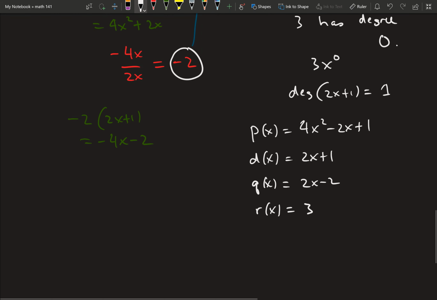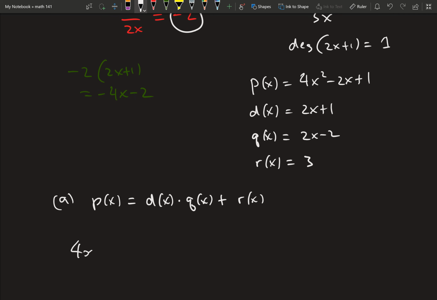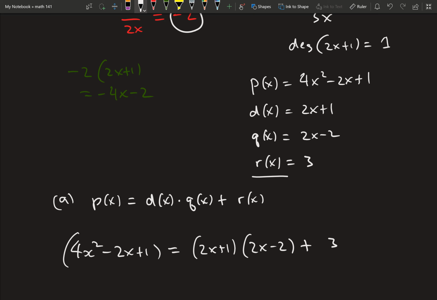So when I write this overall, remember method A was writing p of x is equal to d of x times q of x plus r of x. So what does this mean? This means 4x squared minus 2x plus 1 is equal to 2x plus 1 times 2x minus 2 plus the remainder of 3, where the degree of r of x was smaller than the degree of d of x, the divisor.